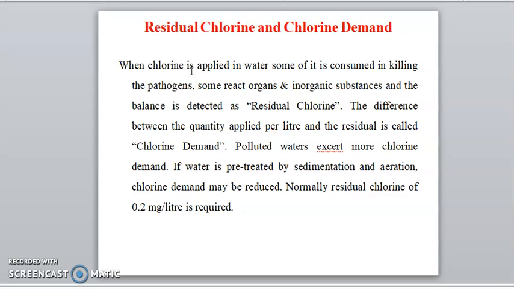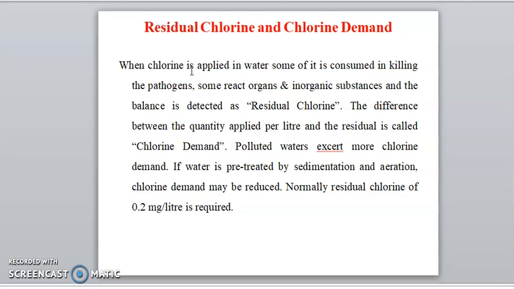Residual chlorine and chlorine demand. When chlorine is applied to water, some is consumed in killing pathogens and some reacts with organic and inorganic substances. The balance is detected as residual chlorine.